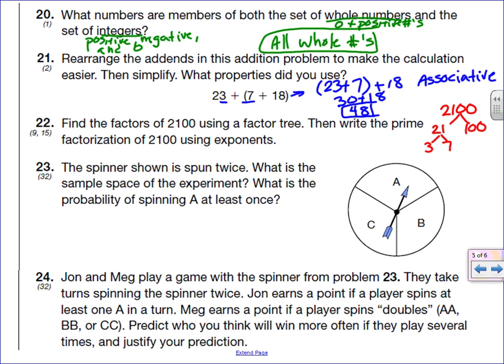Both of those are prime. Factors of 100, I can do 2 and 50. And then factors of 50 are 25 and 10. Factors of 25 are 5 and 5. And factors of 10 are 2 and 5.